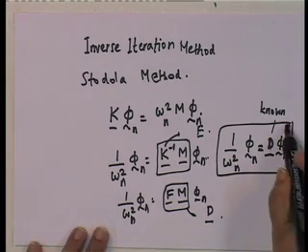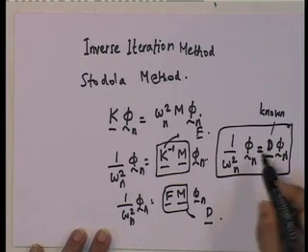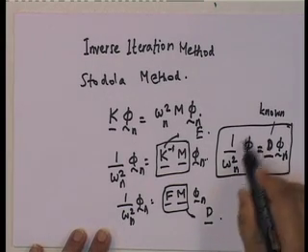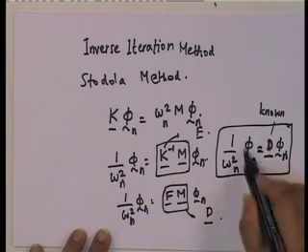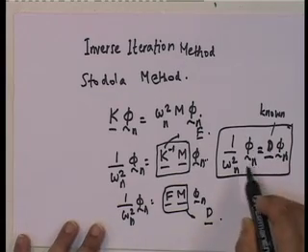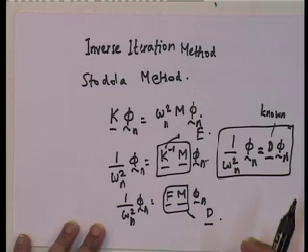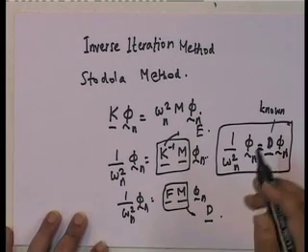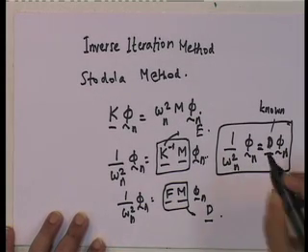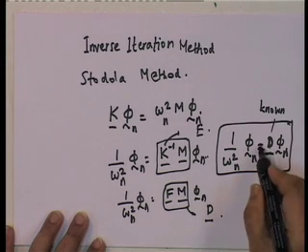Now, this is true if this is a displacement. After all, phi is nothing but the displacements corresponding. Only thing here is that it is a shape. So, that is okay, that does not matter, it can take any displacement.